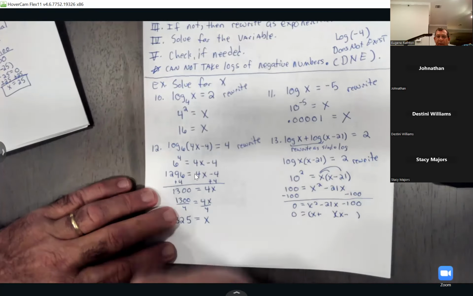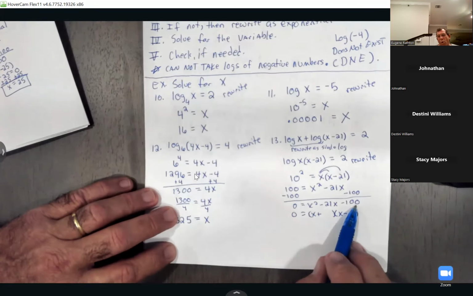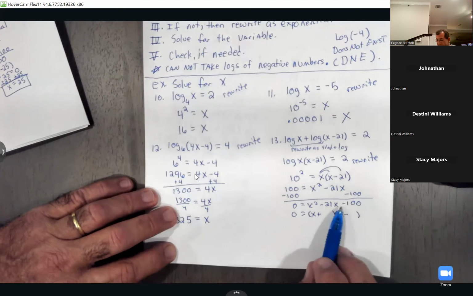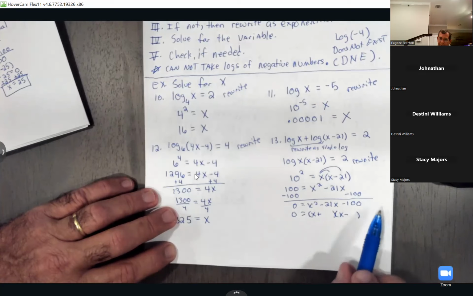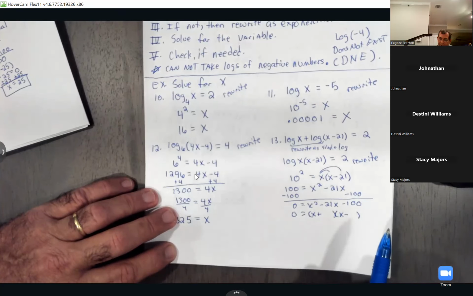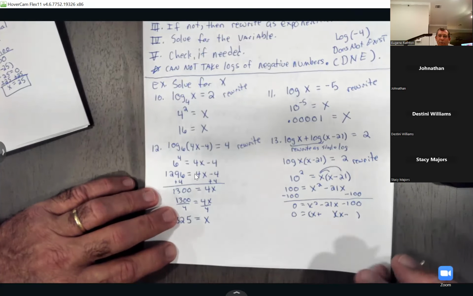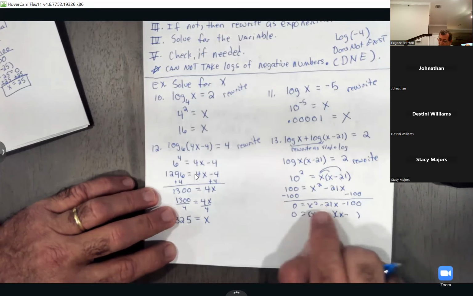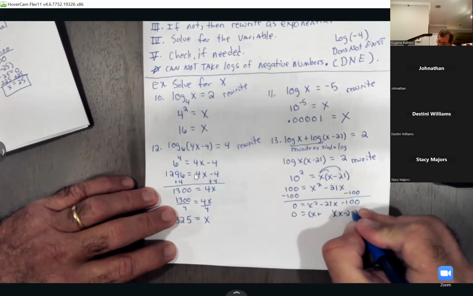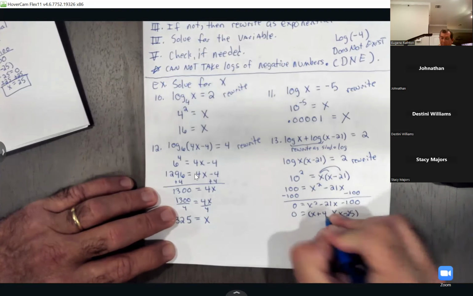So y'all, the trick here, I need factors of 100 that'll subtract and give me 21. So y'all, how about 25 and 4? That'll work, right? So remember, 25 is my larger number. It's going to be negative. And then 4 would be your positive.